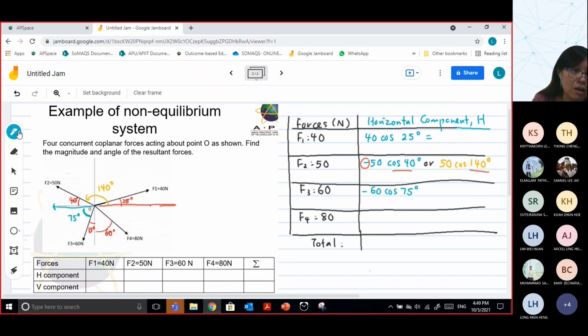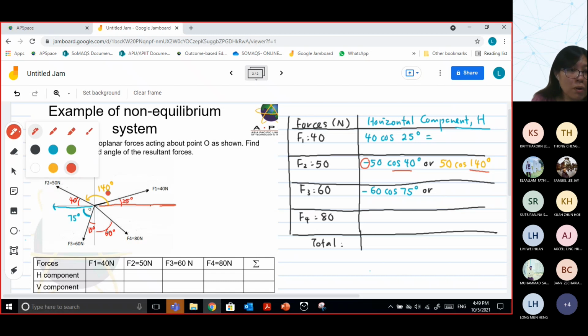Or as I say, if you don't want to get a headache thinking about the sign, then you just use the angle that is measured from the positive x-axis.